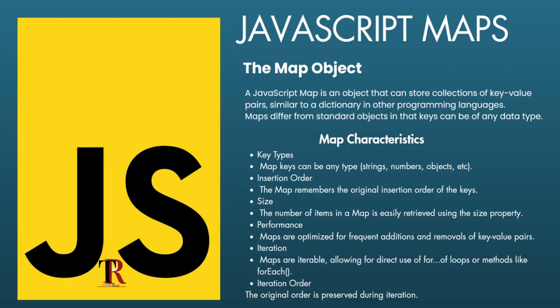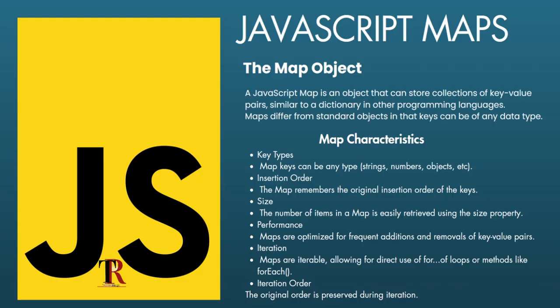In JavaScript, when we talked about standard objects, when you declare an object and have something like first name, last name, age, and other things like that, it's usually always a string that happens to be the key, and then you pass in the value at the other end.